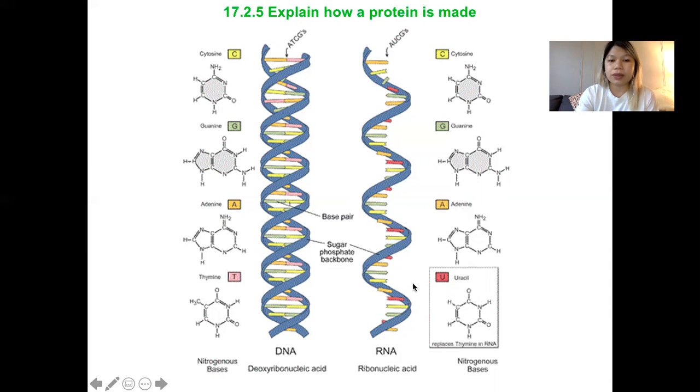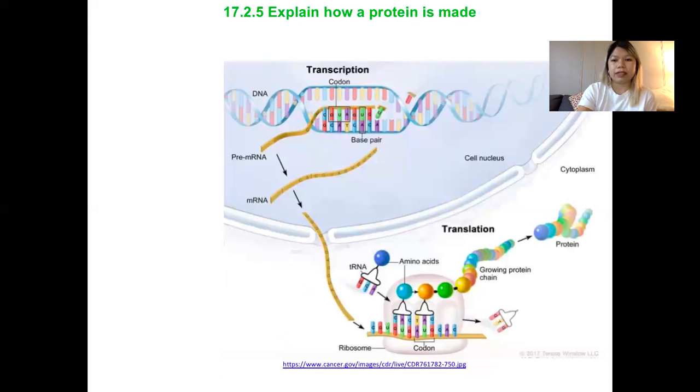And you'll also notice that it doesn't have any T, it doesn't have thymine. So instead of a T, they have something called a U instead. So that means that instead of adenine A always being paired up with T for thymine, for RNA, you will always replace the T with the U, and that is for uracil. This will make a lot more sense once we start looking at how to make proteins.